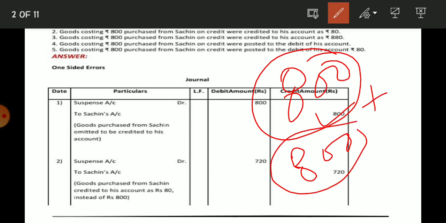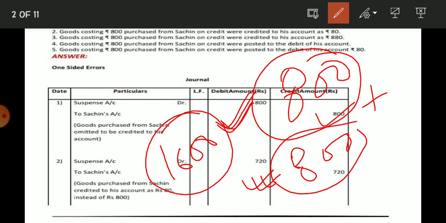So to compensate this wrong entry we have to enter 800, and also we have to make a correct entry in Sachin's account. We have to add back the 800. That's why it enters 1600 rupees.